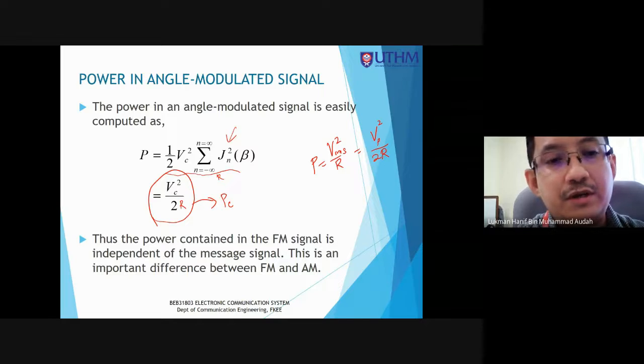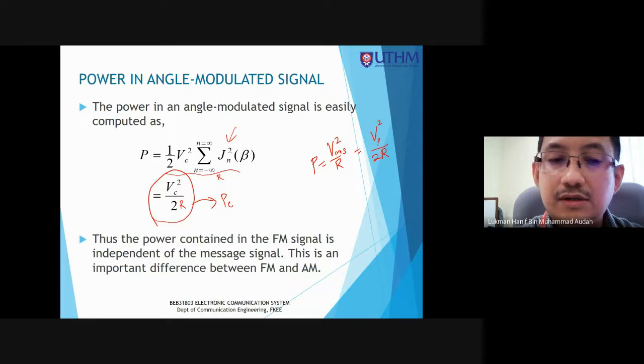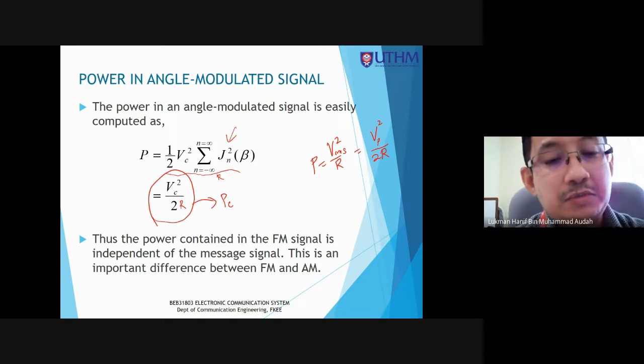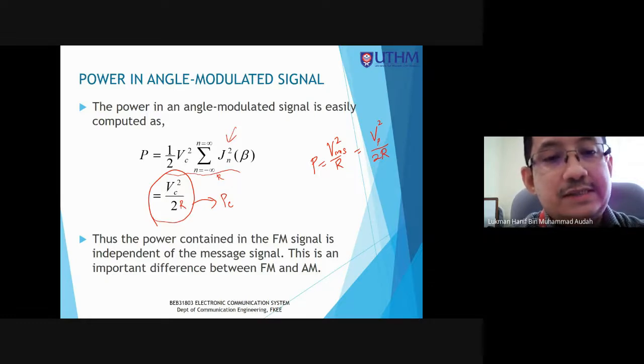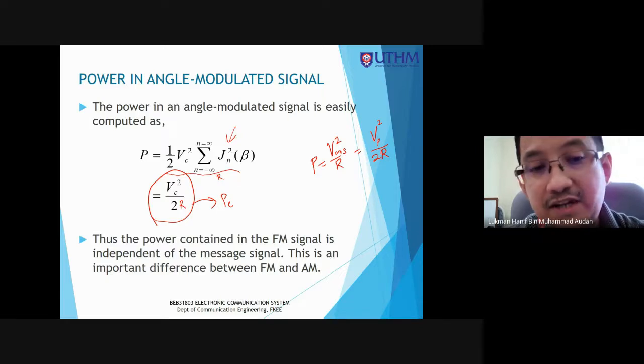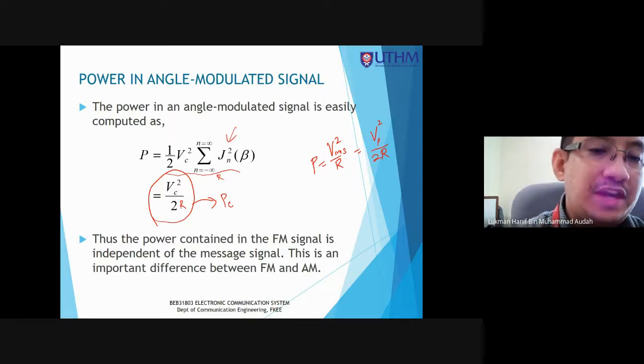So you might wonder where does the J parameter go? Where is this J parameter? According to the Bessel theory, one of the Bessel properties says that the summation of J square from minus infinity to infinity is equal to 1.